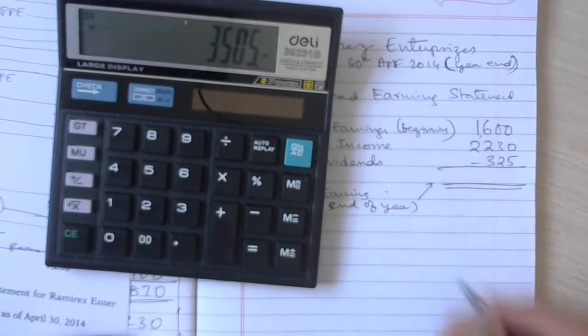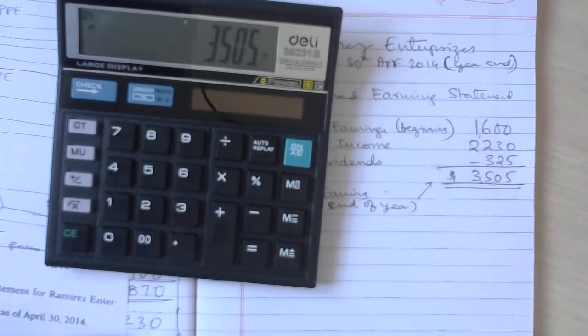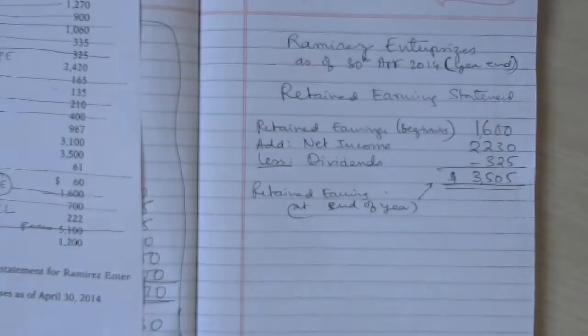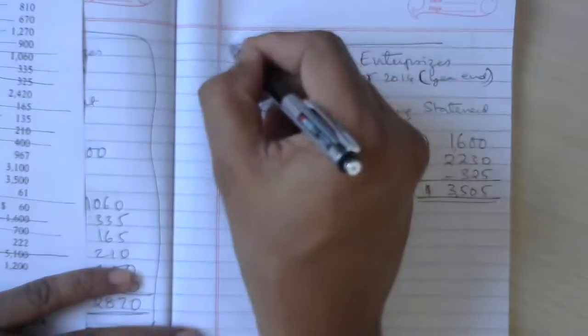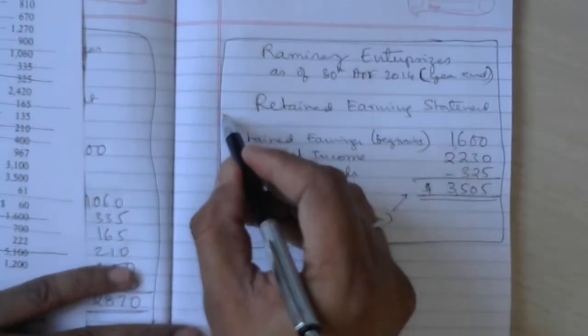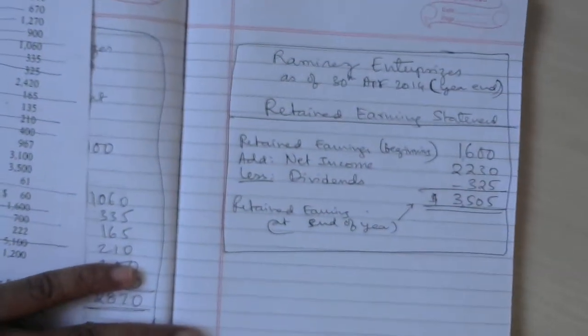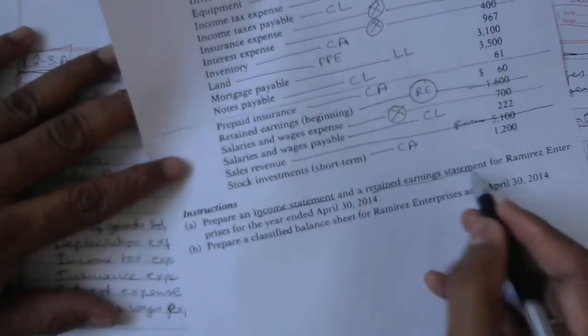I'm getting 3505, $3,505 as the retained earnings at the end of the year. This concludes the retained earnings statement for Ramirez Enterprises. So two things are done. The retained earnings statement is done.